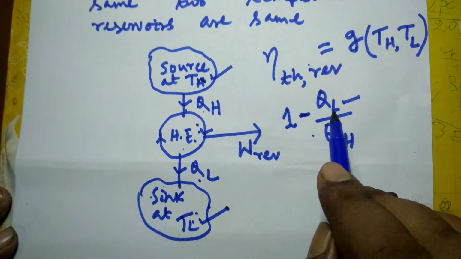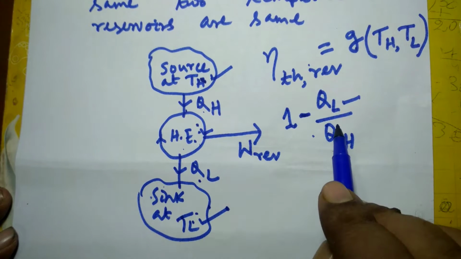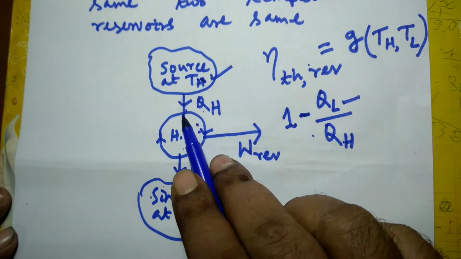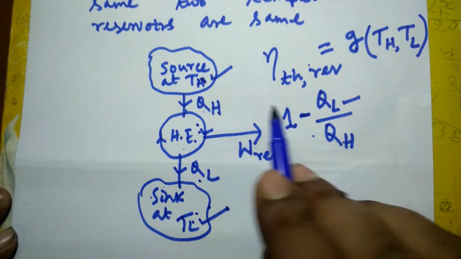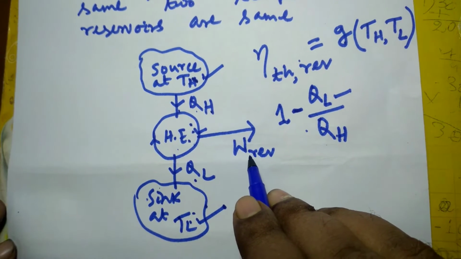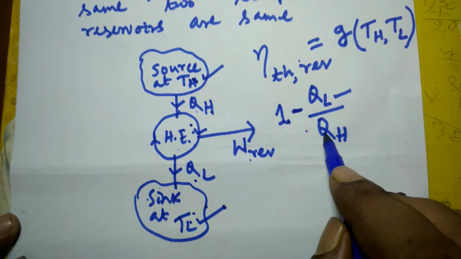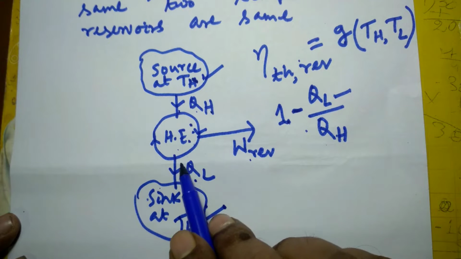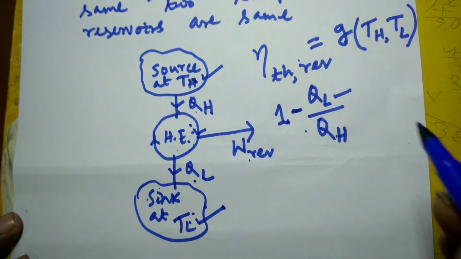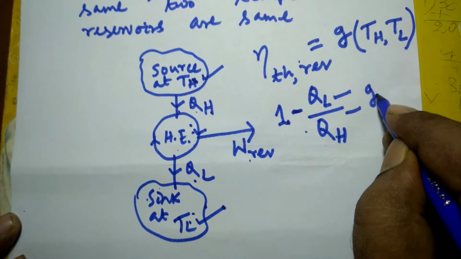If QL is 0, it violates the Kelvin-Planck statement, since the whole amount of heat supplied cannot be completely converted into work output. So 1 minus QL by QH is the efficiency of this reversible heat engine, which is equal to G of TH and TL, which we have already taken.